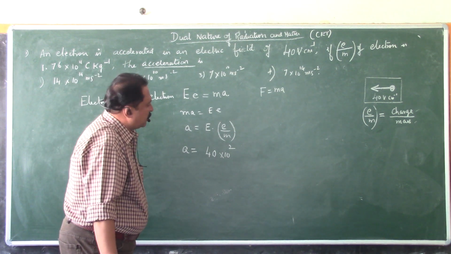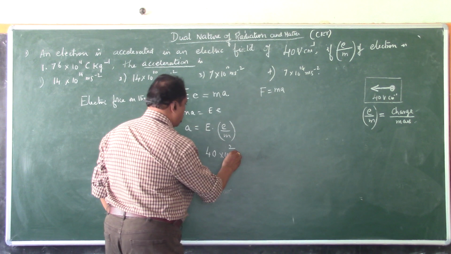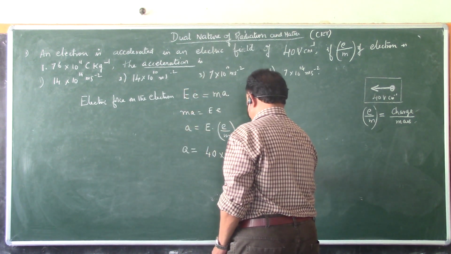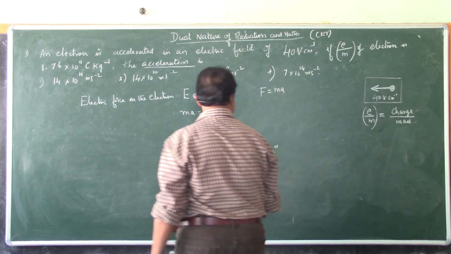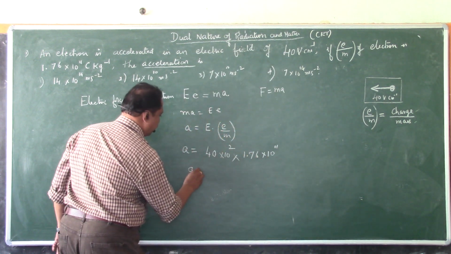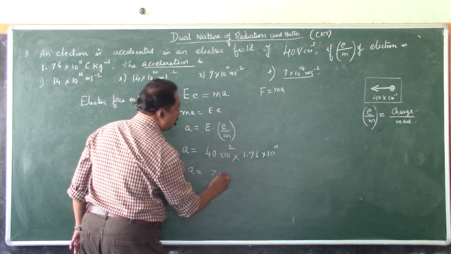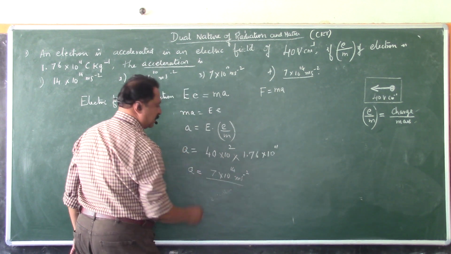So converting it into meters, it is 40 into 10 to the power 2 into this charge to mass ratio, 1.76 into 10 to the power of 11. So upon simplification, the answer will match to 7 into 10 to the power of 14 meters per second square. That is the acceleration.